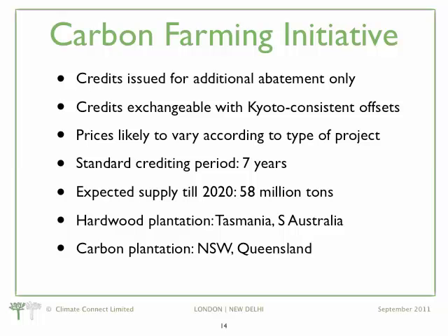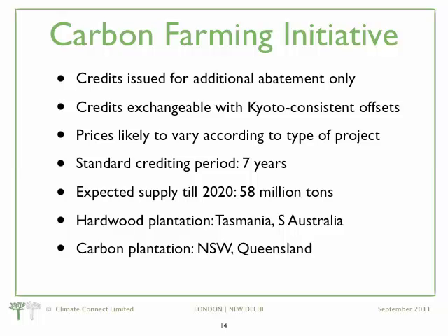Carbon farming initiative. The credits issued under the carbon farming initiative will be given only for additional abatement. The credits will be exchangeable with Kyoto-consistent offsets, and the prices are likely to vary according to the type of project. Standard crediting period will be 7 years.